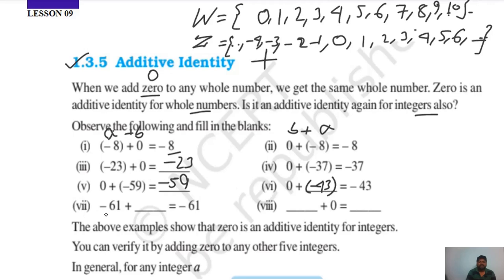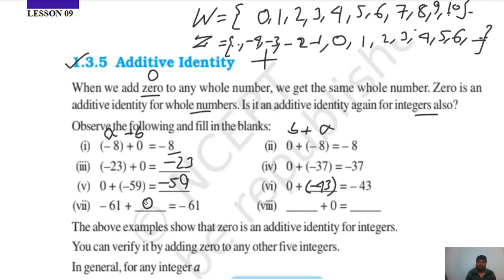Here minus 61 plus something, we do not know what, but the result is minus 61. So here we put the number 0, because the result is the same number, minus 61. What can we add to minus 61 to get minus 61 itself?